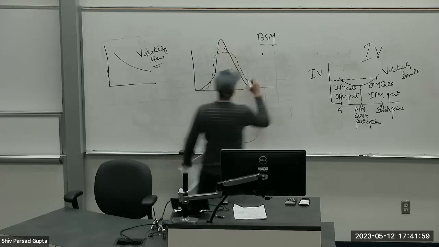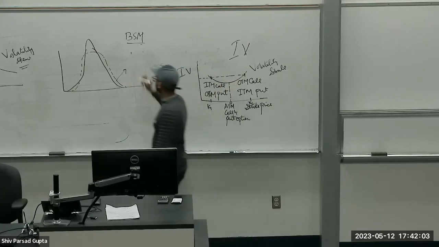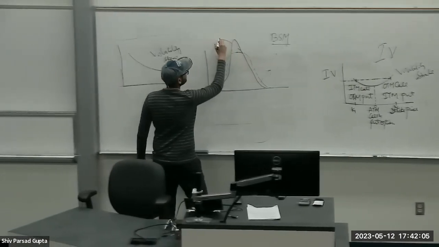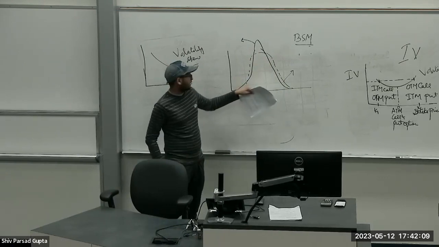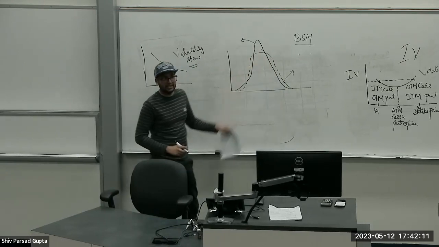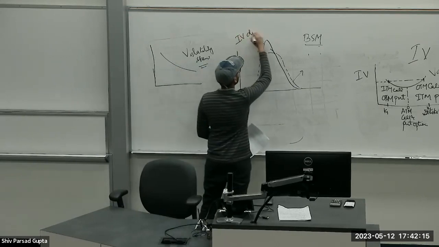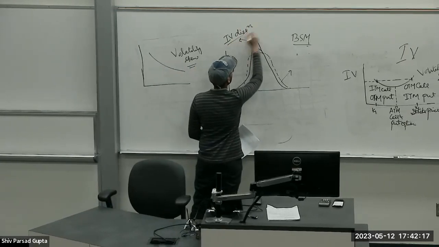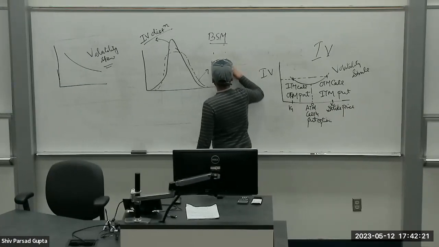This dotted line indicates the normal distribution, but this black line shows the IV distribution, and this is the log normal distribution.